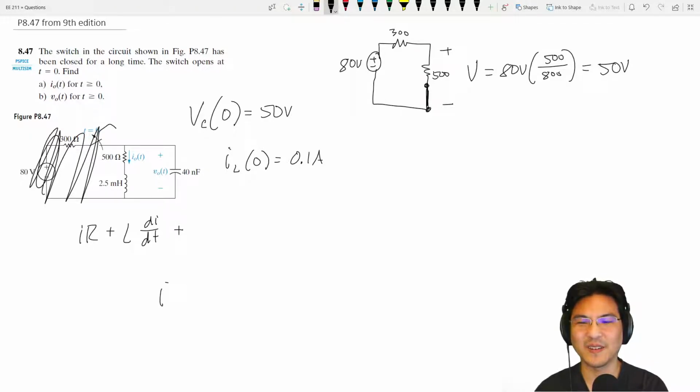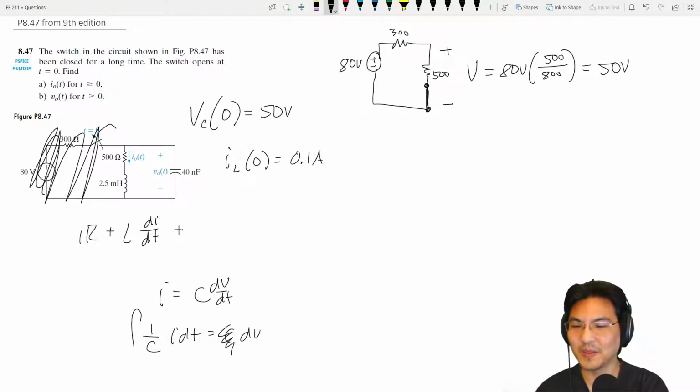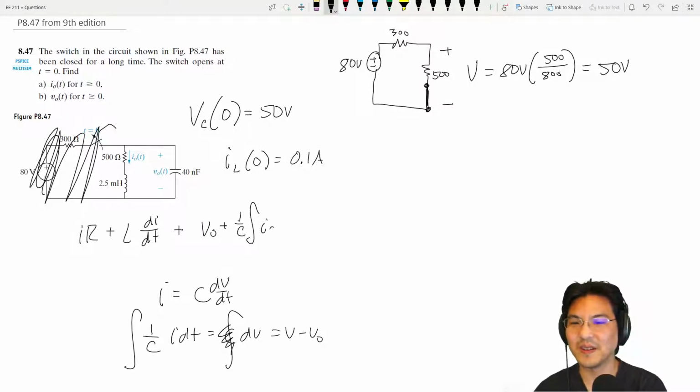I know the current for the capacitor. If I want the voltage, I can move dt on this side, and then I'll divide by C and then integrate both sides. So then V is V naught plus 1 over C integral I dt.